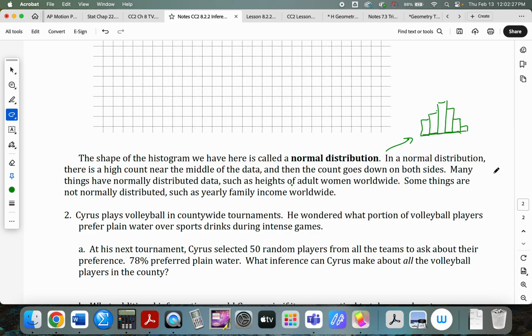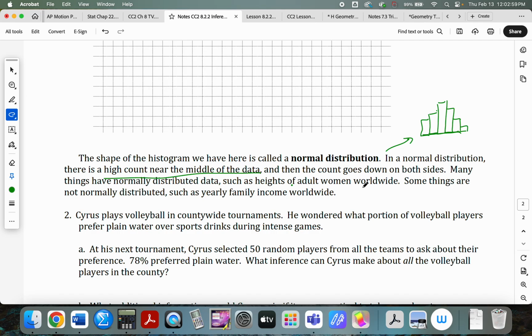Something like that is a normal distribution, or sometimes we'll say that it's nearly normal. There's perfectly normal, but that almost never happens. In a normal distribution, there's a high count near the middle of the data, and then the count goes down on both sides. So you have this single peak, and then it's kind of stair steps down each side.